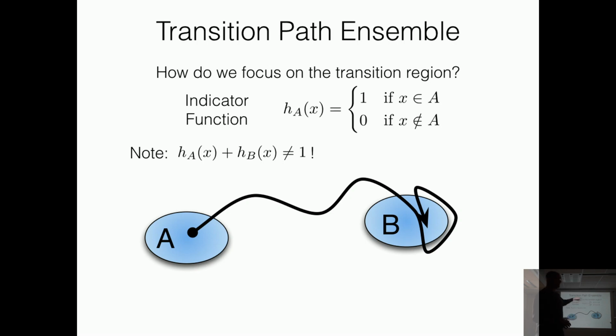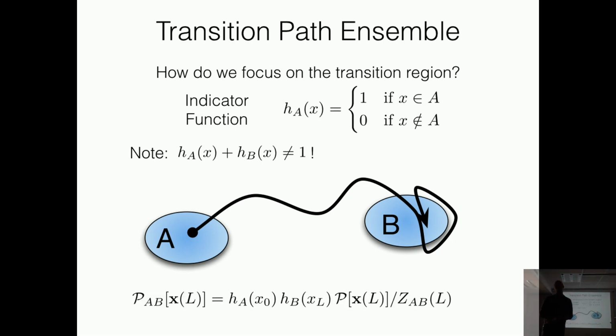This little thing that says the sum isn't equal to 1, that's because there are regions where there's stuff that's in A, stuff that's in B, and stuff that is not in A and not in B either. That no man's land in between is an important part of how path sampling works, and so we include that. What we will do then is make a restricted path ensemble.